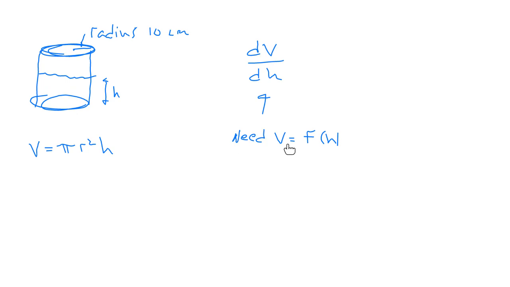So unless you have some equation that puts volume V to be a function of depth H, then you don't have much of a chance to find that derivative, okay? Now, this here kind of looks like it might be that. Look at that equation. It looks like if you could plug H in, you could figure out ultimately what the volume was. So it seems like it's the thing we need.